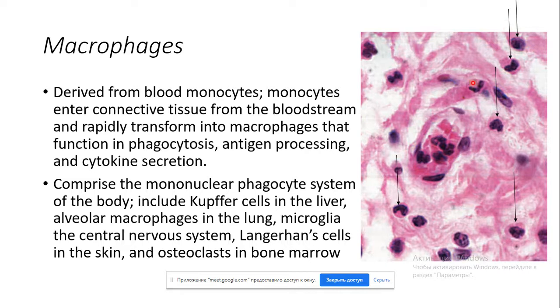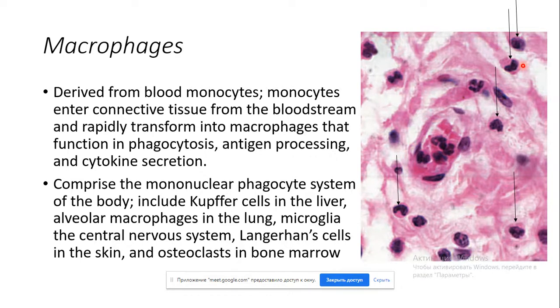Monocytes in connective tissues are named macrophages, but they are the same cells, derived from the same cells, and their function is similar. They are responsible for digestion of particles, bacteria and other offending agents.